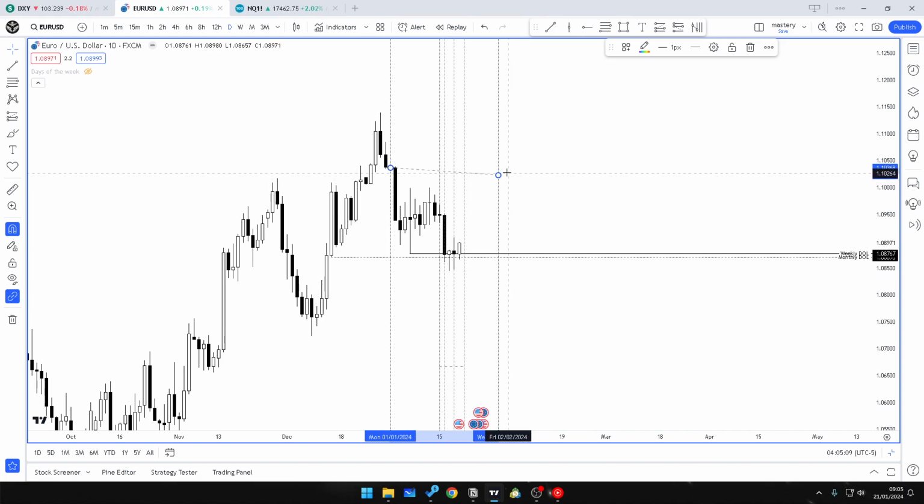This is because you don't want to use these Passover weeks, because from Monday 29 the week only ends on Friday 2 of February, and then the first Monday of February is going to be the 5th of February.